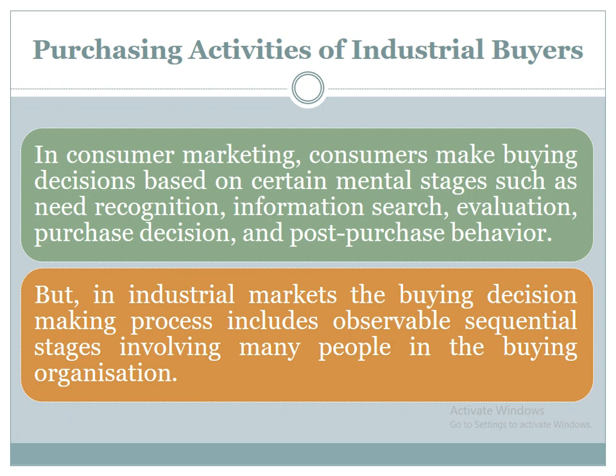So in B2B marketing also, n number of buying situations are there. The industrial marketer should understand both the steps in the decision making process and the type of buying situation to market their product or services. The decision making is done as a group activity, with personnel across various departments and various buying roles.